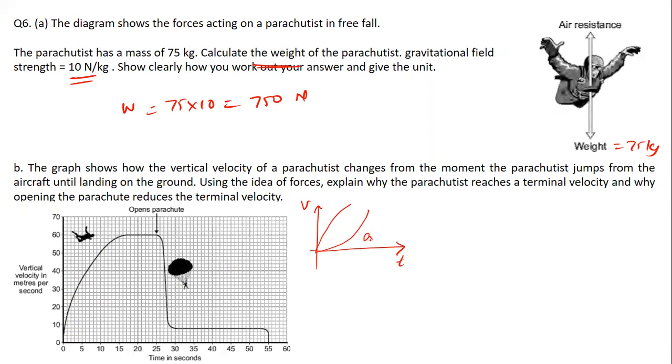Is it decreasing? Is acceleration increasing or decreasing when you have a graph like this, upwards? Oh wait, no, it's increasing. Yeah. And here, acceleration is decreasing. The rate at which the velocity increases is decreasing here. And here, the rate at which the velocity increases is increasing. Did you understand? There's a difference between the rate increasing and the velocity increasing.